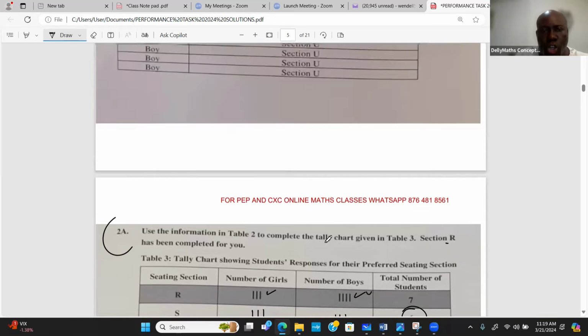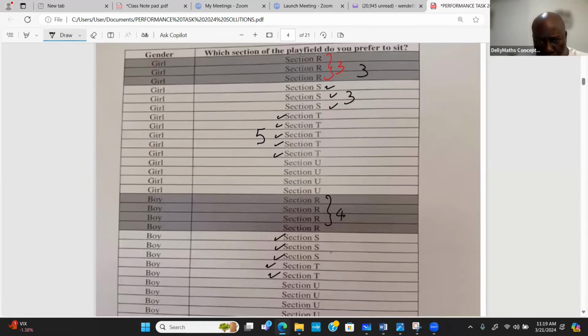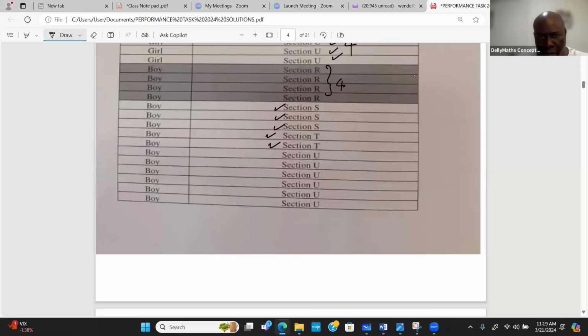Let's go for U. Let's see how many girls we have for U. 1, 2, 3, 4 girls for the U section. And then how many boys? 1, 2, 3, 4, 5, 6. We have 6 boys.